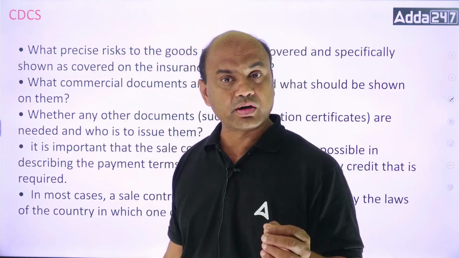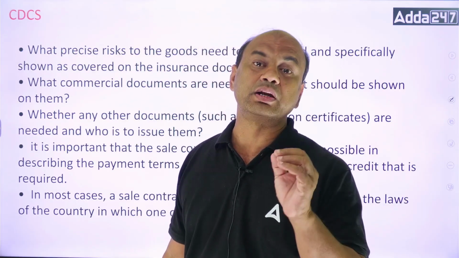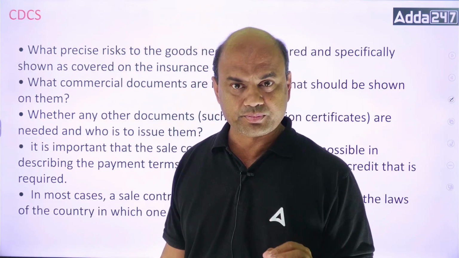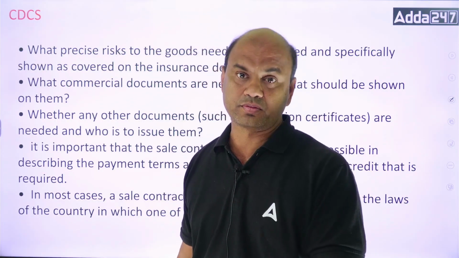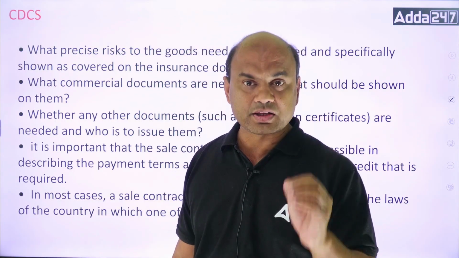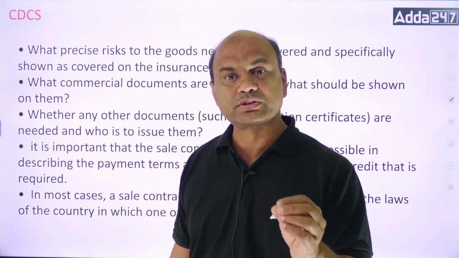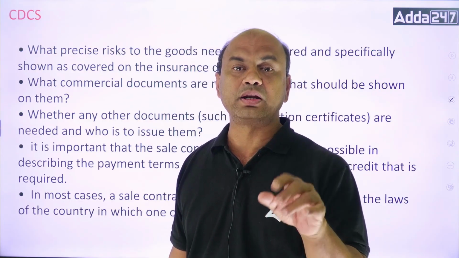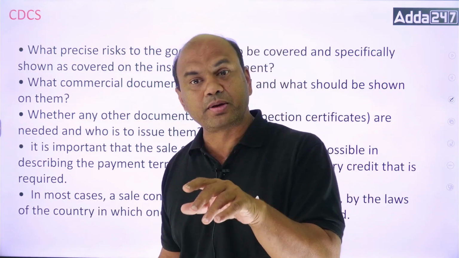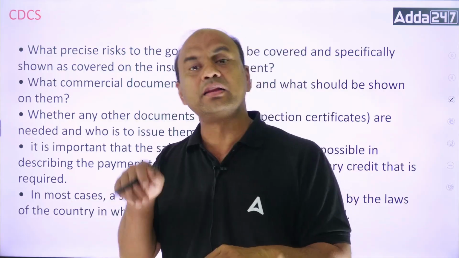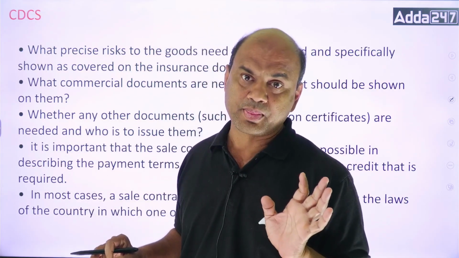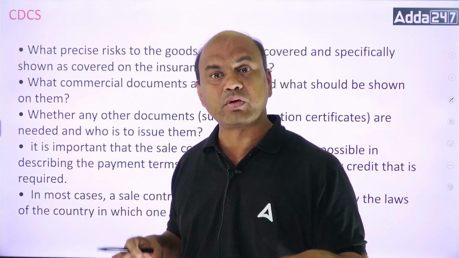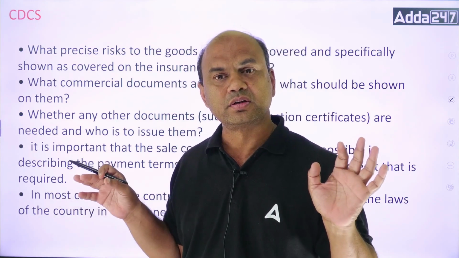If you want that a specific quality of goods should be received by you, and if you have some lab which is known to you, then you must clearly specify that the goods should be of quality A as certified by lab XYZ in this country. Specifically you should mention. You should not say I want quality A goods.